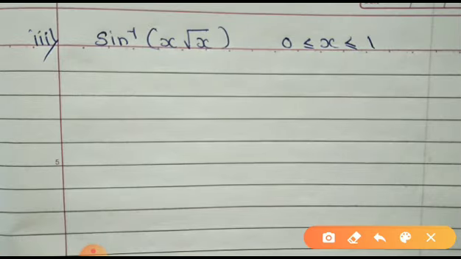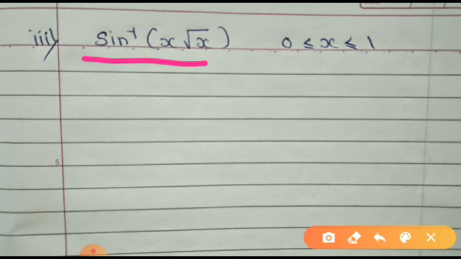Now next is sin inverse of x root x. You should find the derivative of sin inverse of x root x. Sometimes you may think that I have to substitute here. But is it necessary to substitute here? Can I get any substitution?